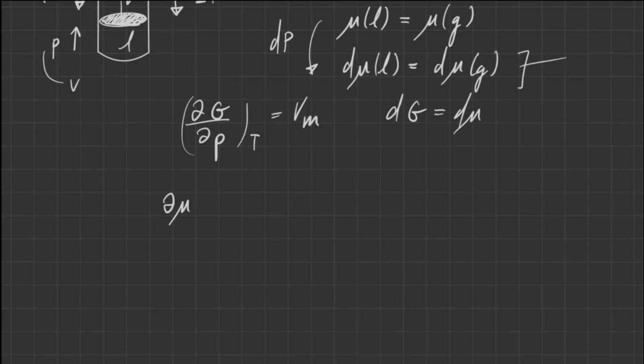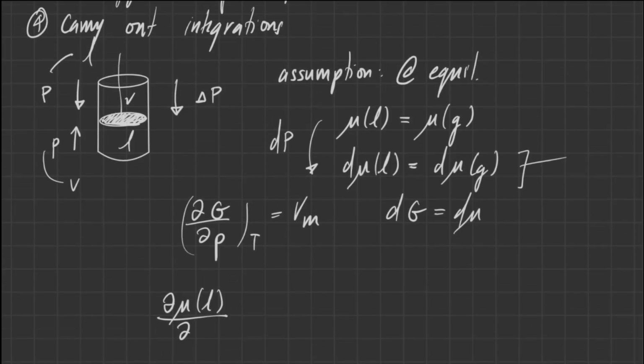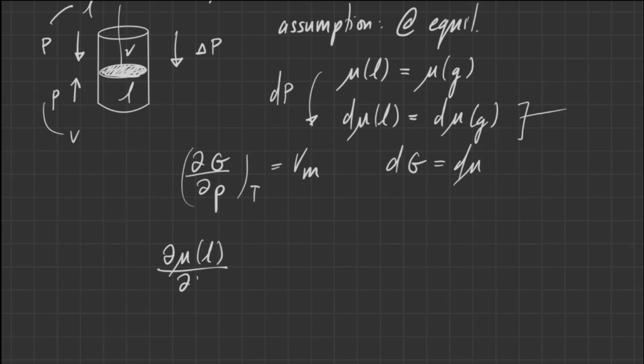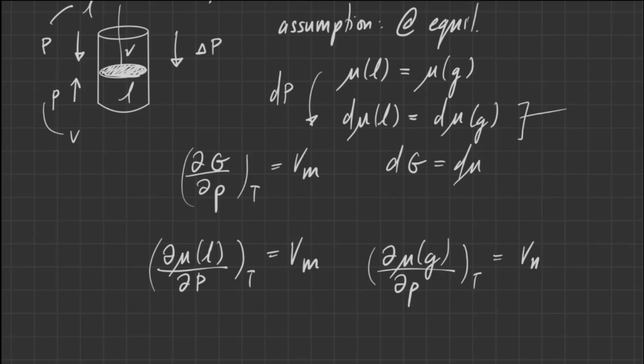The delta mu of the liquid over the delta P, remember that capital P refers to the liquid, because that's the pressure the liquid experiences, so I'm going to put a capital P here, at constant temperature is equal to the molar volume. Likewise, delta mu in the gas phase over partial pressure at constant temperature is equal to the molar volume.